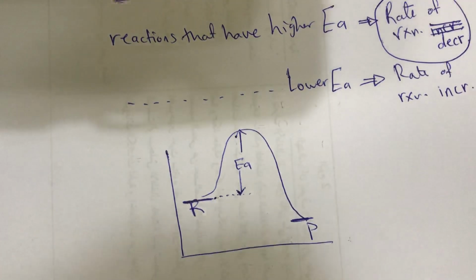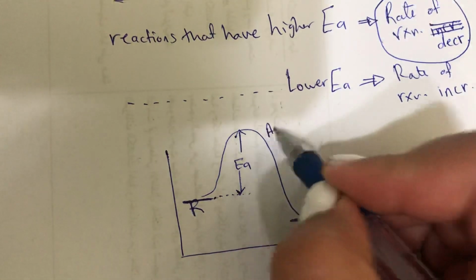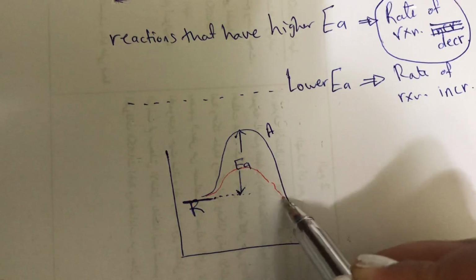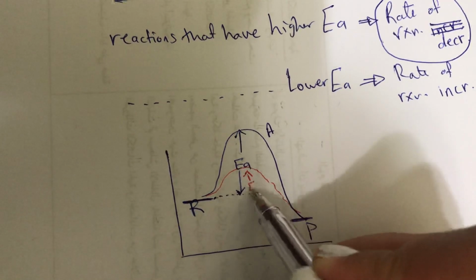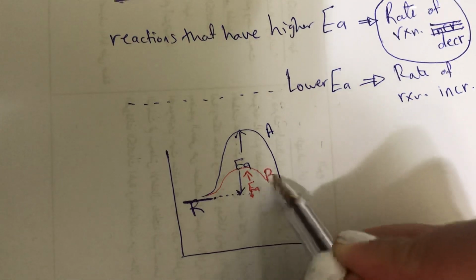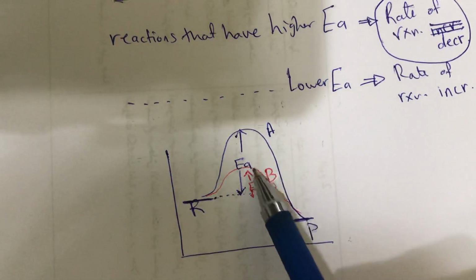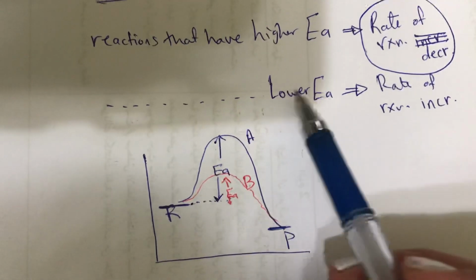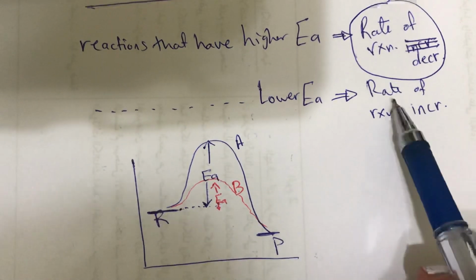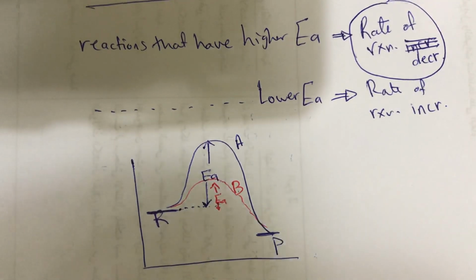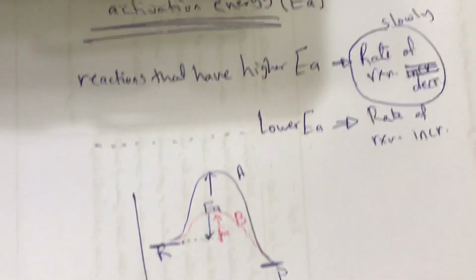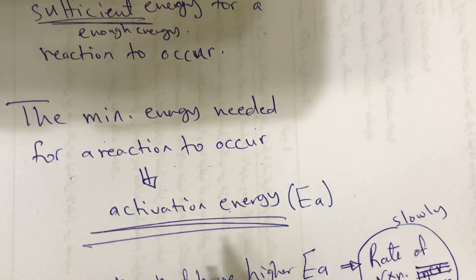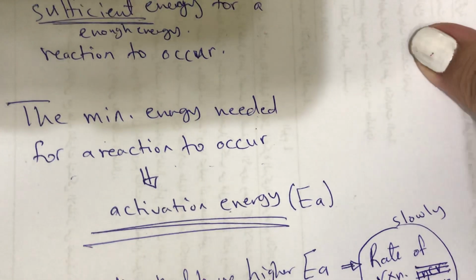This is for reaction A, and here is the activation energy for reaction B. Reaction B has lower activation energy, so it occurs more rapidly and its rate of reaction increases.